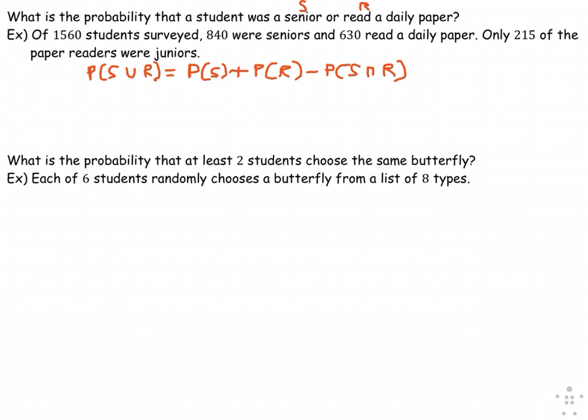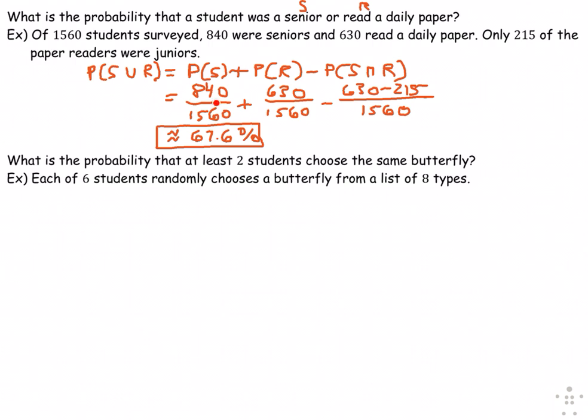Now, you have to be careful. This 630 does not refer to the seniors. That is of the students surveyed. This here is like the subject of the sentence. Filling in, we get the following numbers.